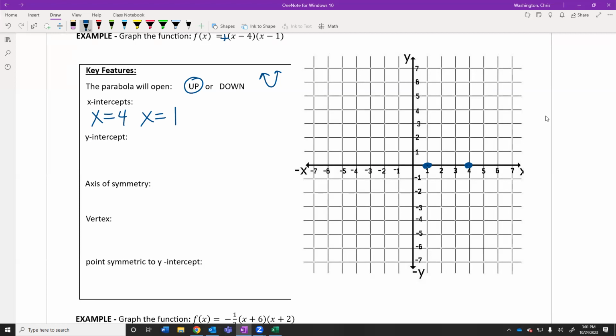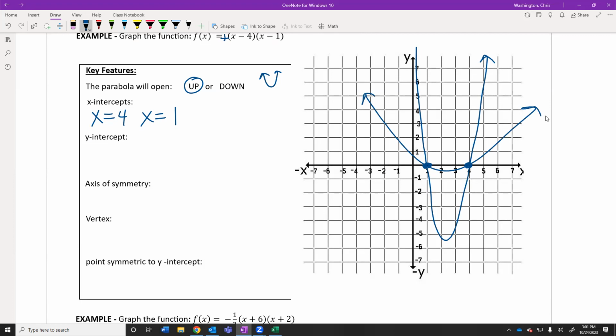Now, don't actually draw this, just watch. If that's all I knew, hey, the graph opens up and x equals 1 and x equals 4. Here's what could happen. The graph could, don't draw this again, because this may or may not be right. The graph could look something like that, right? But there's other possibilities here as well. The graph could also look something like that.